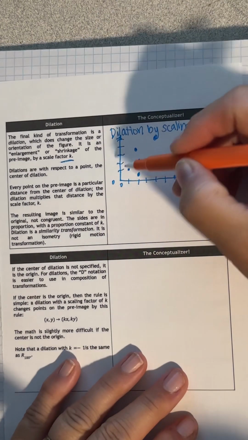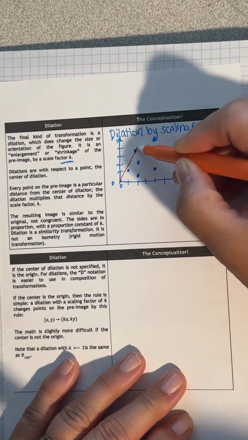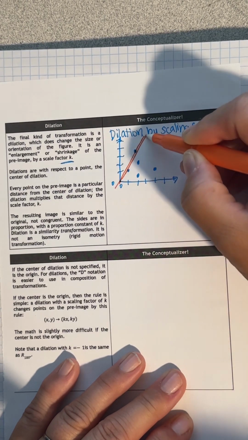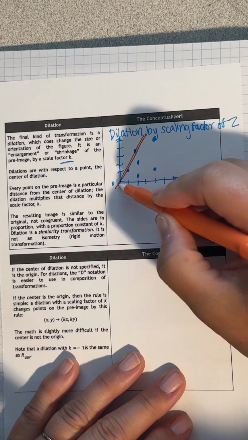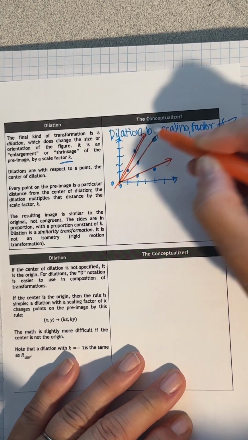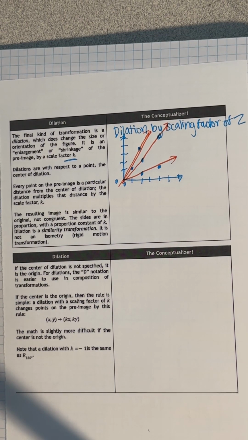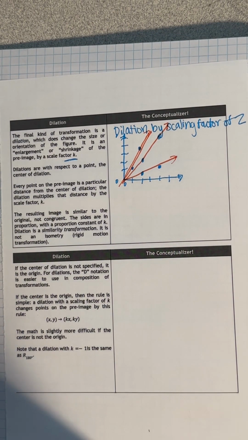So it's gonna go through the origin, and I should have drawn better. But you can see that the points are doubled by their distance within the origin, okay? So that's the doubling of distances.